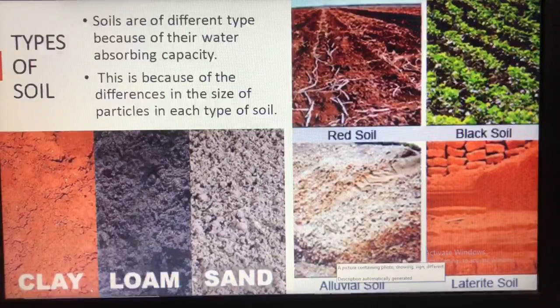The soil is classified on the basis of the proportion of particles of various sizes. If the soil contains a greater proportion of big particles, it is called sandy soil. If the proportion of fine particles is relatively higher, then it is called clayey soil. So how is the soil classified?